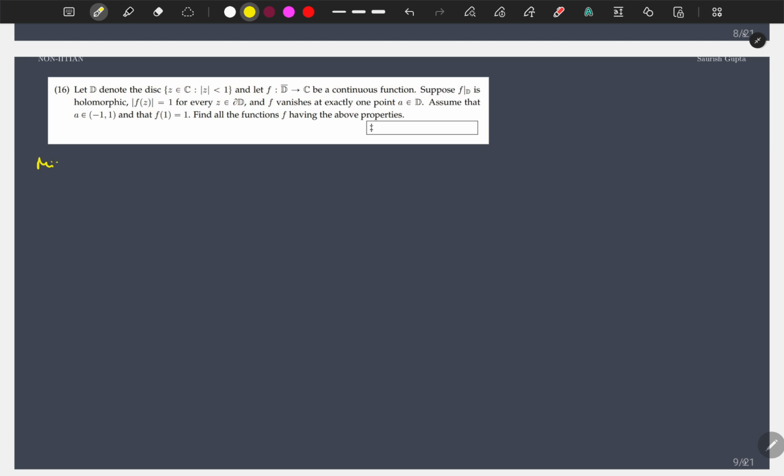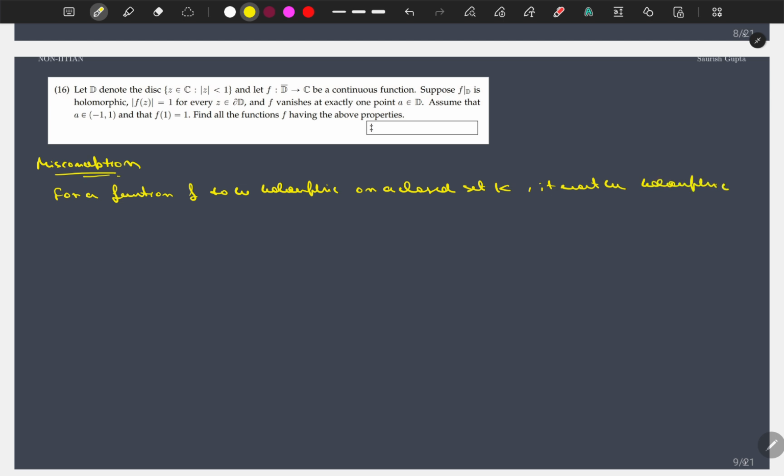A misconception which you should keep in mind is that for a function f to be holomorphic on a closed set K, it must be holomorphic on some open set U containing K, which is obviously not the case here. So I cannot claim that f is holomorphic.